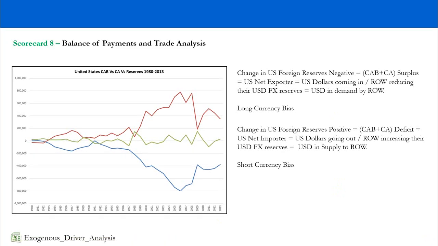Now, bear in mind, what we're looking at here is the US's own accounts. So we're looking at the US in a static analysis, in absolute terms. Very similar to the way we looked at things when we were analyzing in our endogenous analysis.